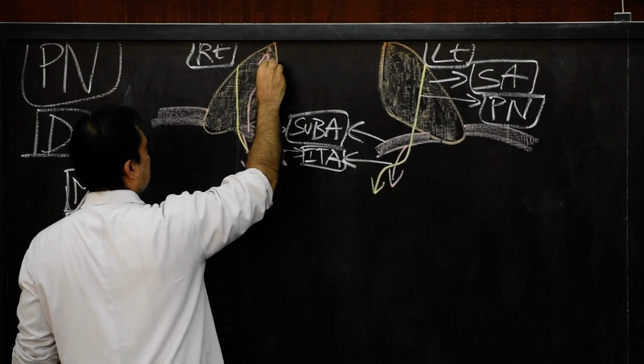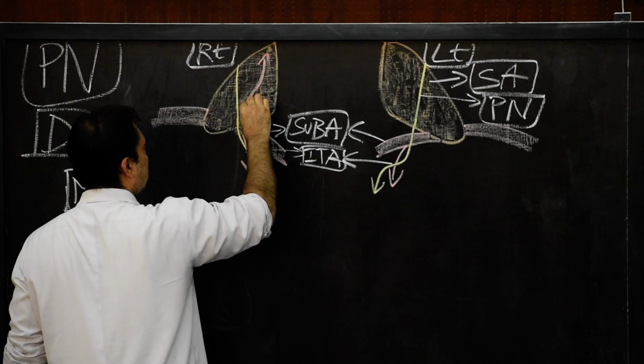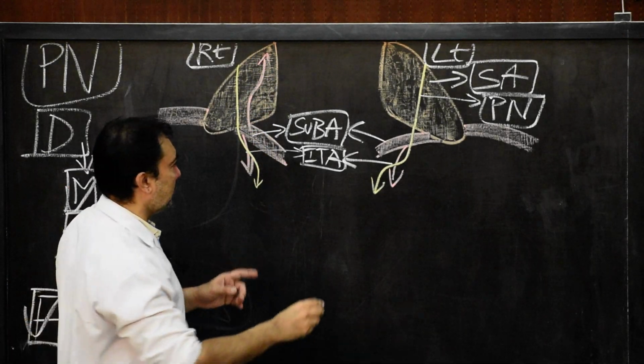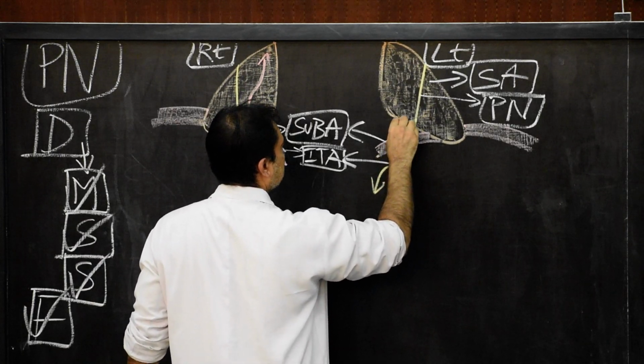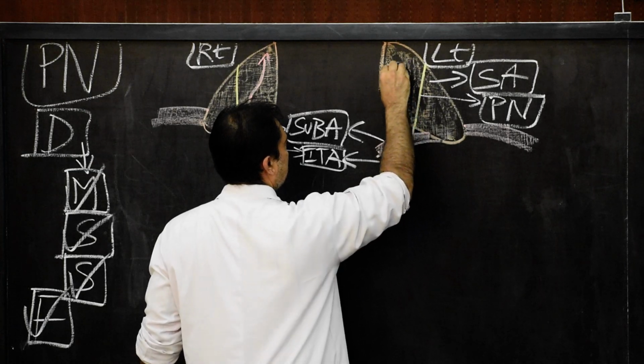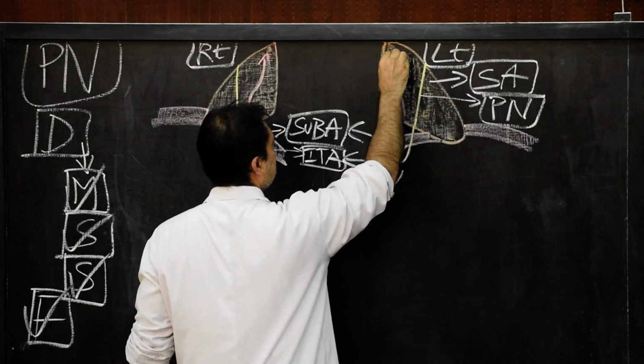Over here also we show the thyrocervical branch of the subclavian artery.